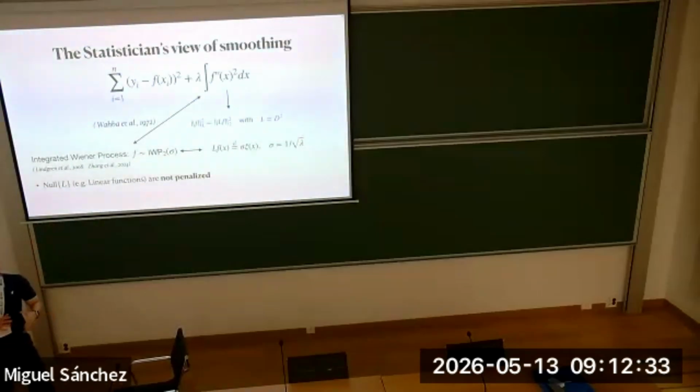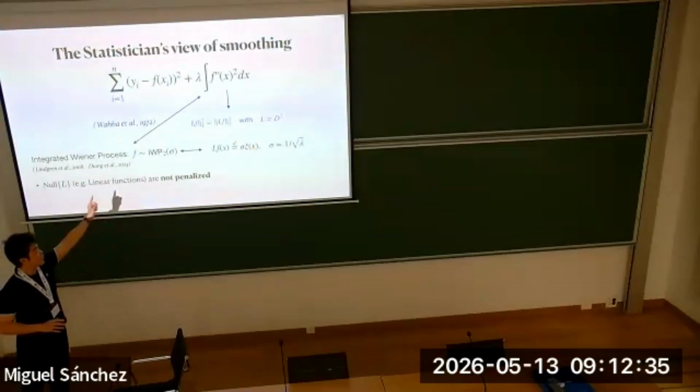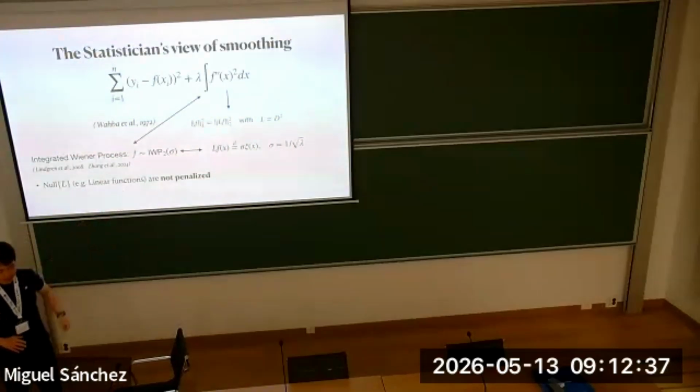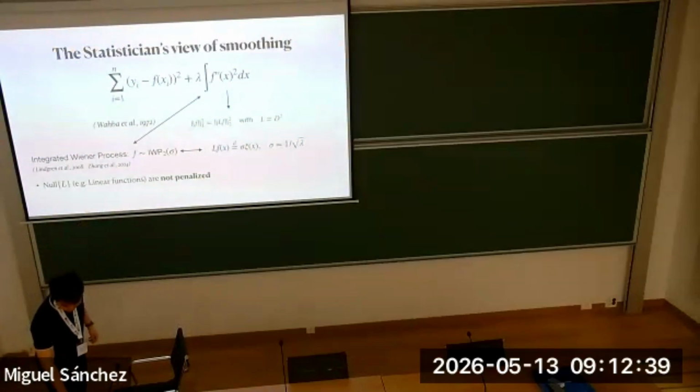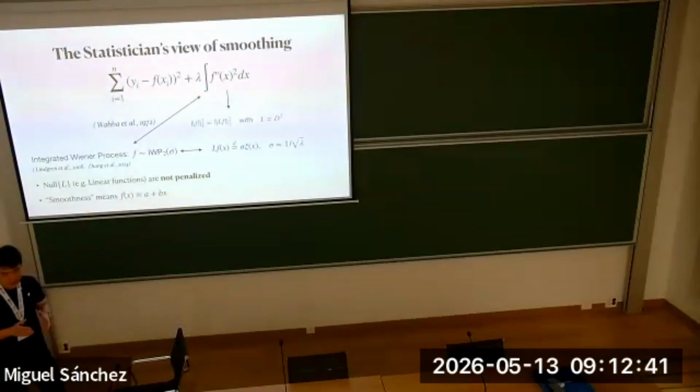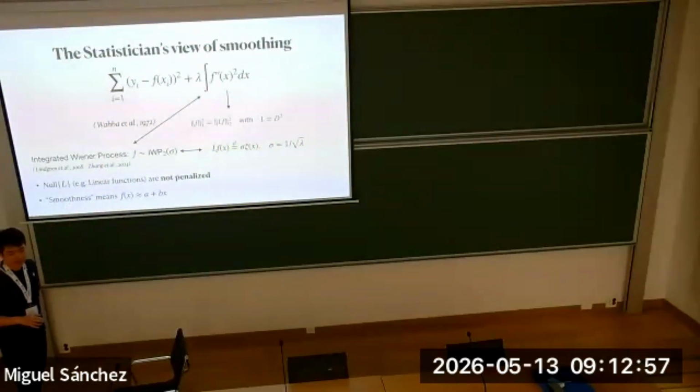If you have a linear function, the second derivative is 0, so it won't have anything in the penalty term. This is saying the type of perfect functions our smoother is looking for. So smoothness in this setting refers to how much you deviate from linear behavior. If you're really close to being linear, like fitting linear regressions, you won't have any penalty in the second term.